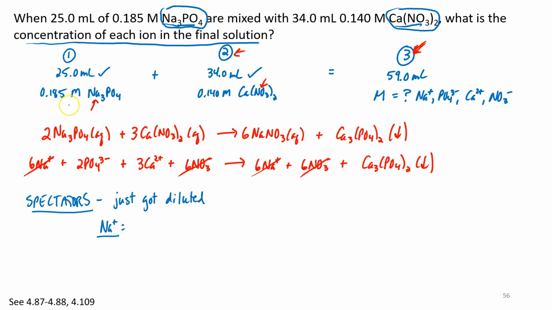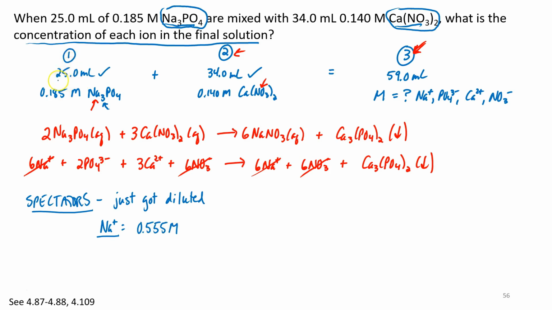And be very careful when thinking about the concentration of sodium in beaker number 1. Is it really 0.185? No, because for every 1 mole of sodium phosphate, you have 3 moles of sodium, so you have to take the 0.185 and multiply by 3. And when I did it, I got 0.555 molar of sodium in beaker number 1.